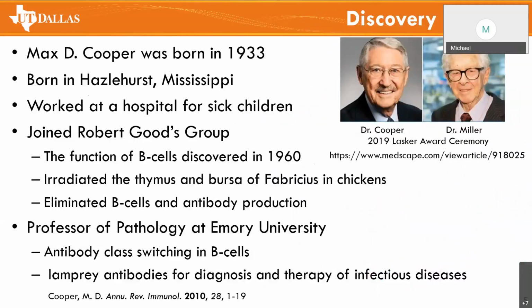I like to give credit to those who discovered these different immune cells. Last time we talked about Dr. Jacques Miller, who discovered that the thymus is able to create T cells.